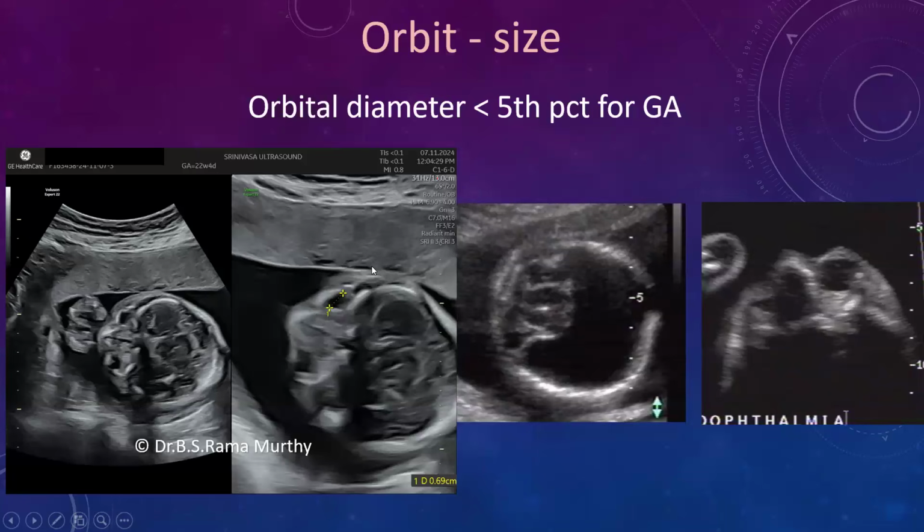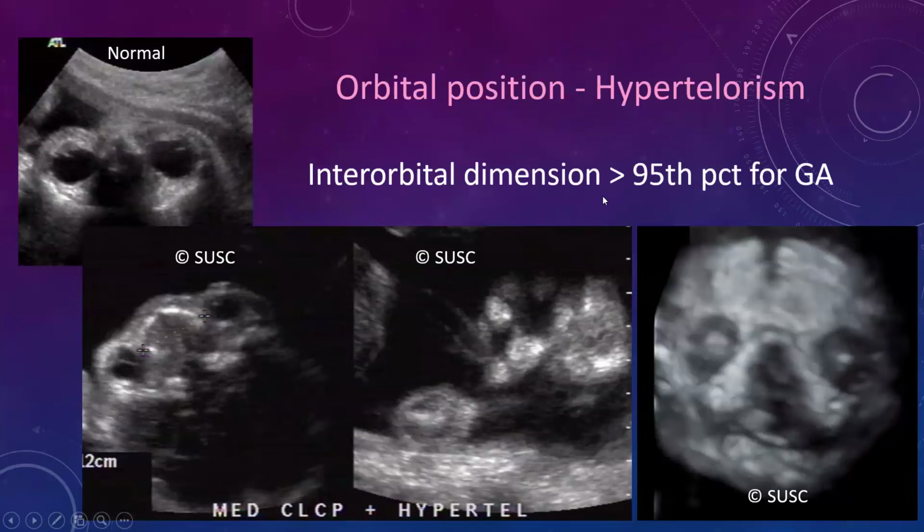So you can have bilateral or unilateral microphthalmia, and you'll have to investigate the rest of the fetus very carefully, look for intracranial abnormalities, look for other sequelae of infection to see what the cause can be. And of course, a diameter less than 5th centile for gestational age is the indicator that it is microphthalmic.